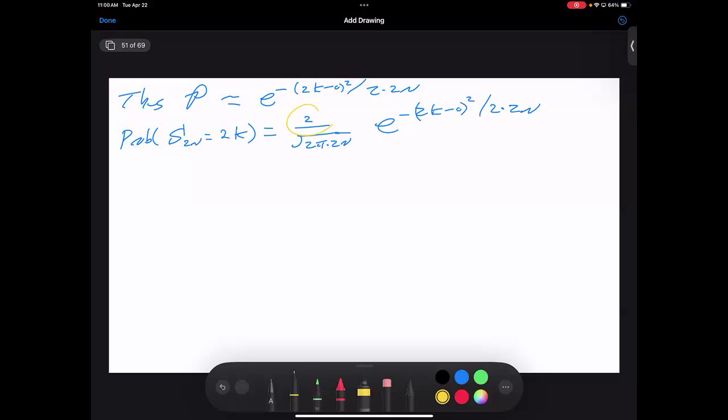The issue is we have this factor of 2. And this factor of 2 is because we're integrating from 2k minus 1 to 2k plus 1 of the normal density with mean 0, variance 2n.